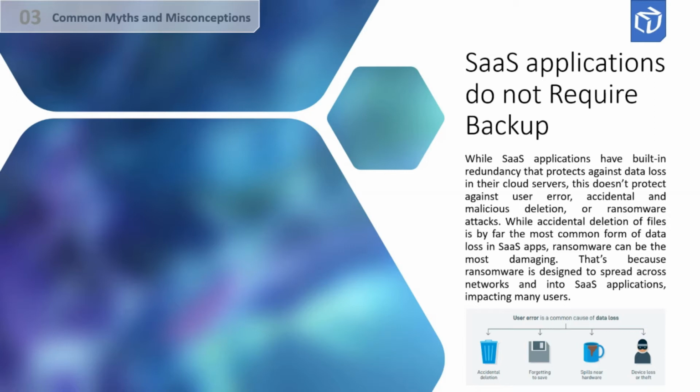Now, for example, for those of you that may already use Office 365, you're probably aware that there is something called retention. So essentially what Microsoft does is that when you delete a file, or when you create a file, or when you edit a file, it will save things in what is called a version. And a version, exactly what it does is that it keeps that copy of a file for X amount of days.